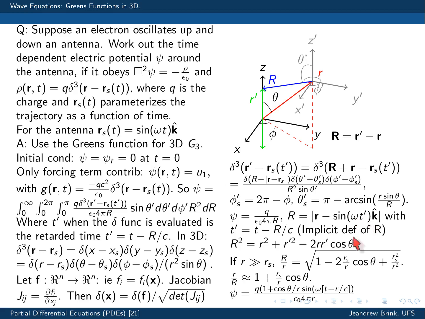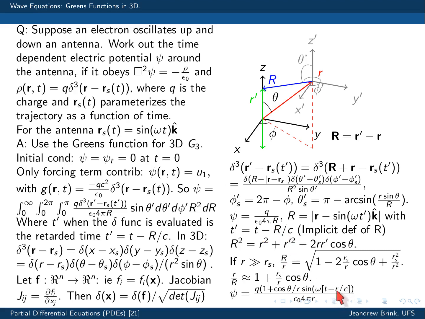So if you substitute that back into the expression for psi, you simply replace 1 over R with 1 over little r times 1 plus cos theta over r sine of omega, evaluated at t minus r over c, where you've replaced r with its first estimate.